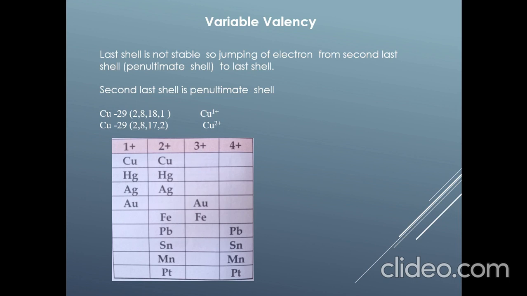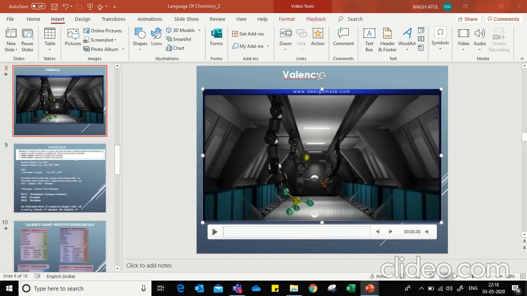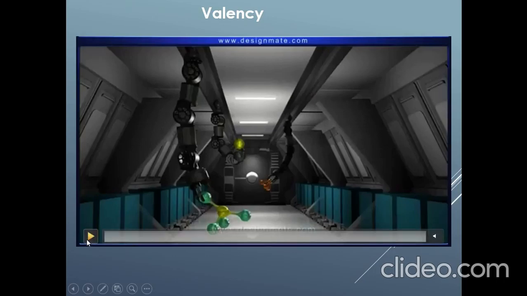So from the second last shell, one electron goes to the last shell, and the electronic configuration becomes 2, 8, 17 and 2. So in the first case, the valency is 1, while in the second case, copper's valency is 2.